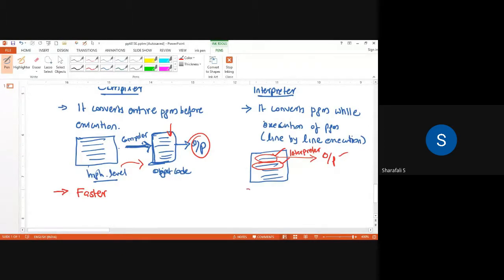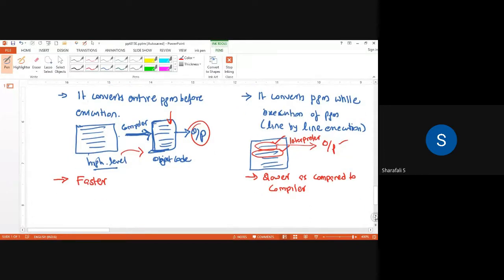So the interpreter is slower as compared to the compiler. The compiler is faster.